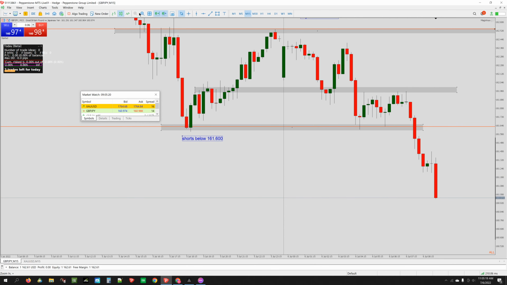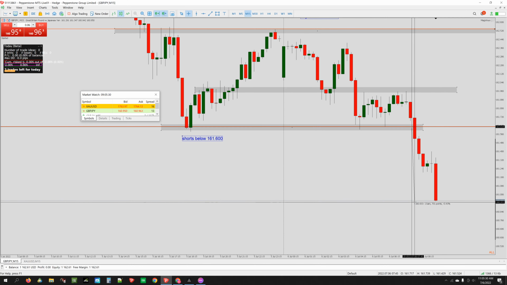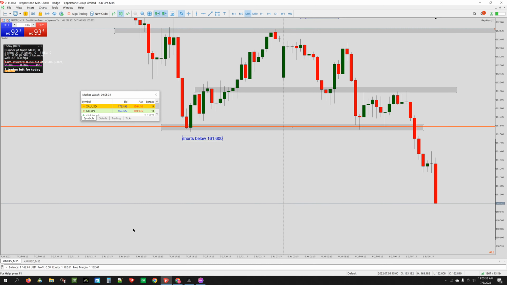We can keep pushing down in GBP JPY. We have already moved, like from when we came onto the charts at this point, about 70 pips in GBP JPY, but the whole move occurred outside of trading sessions.